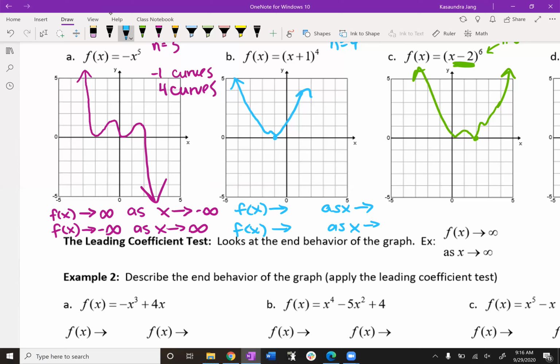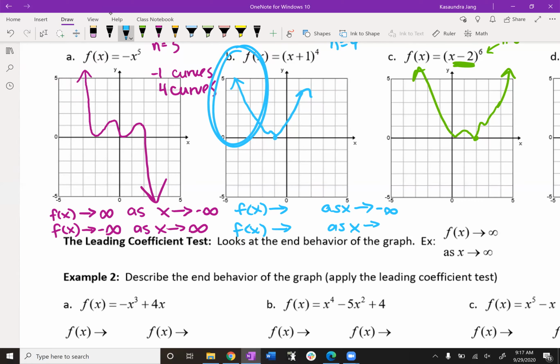Okay, so here's just my generic end behavior. I need to fill in the blanks here. F of x goes either up or down as x goes either left or right. So let's describe the left end of my graph here. If I'm talking about the left end, that's when my x's go to negative infinity. I'm going to fill in that blank.